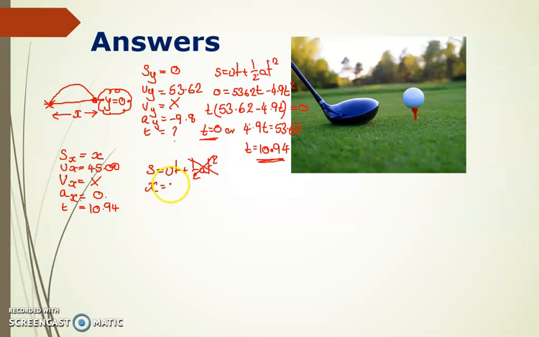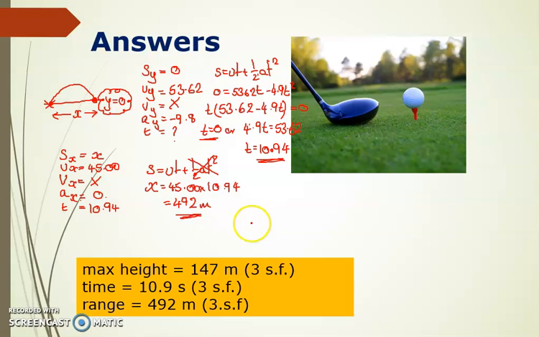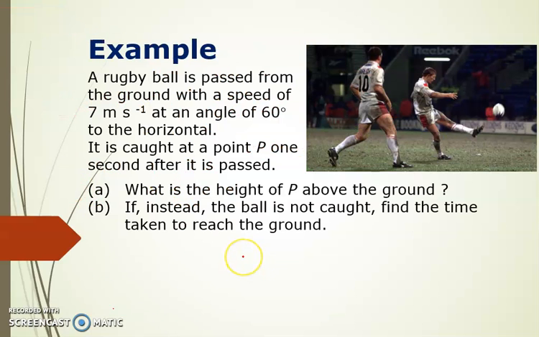So it just becomes 45.00 times 10.94, which equals 492.3. So I'm going to say 492 meters. Yes, yes, and yes. Good.